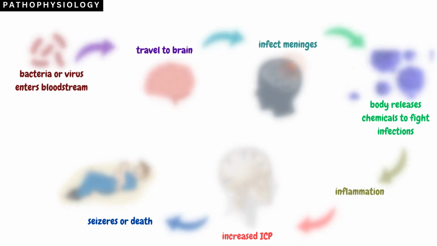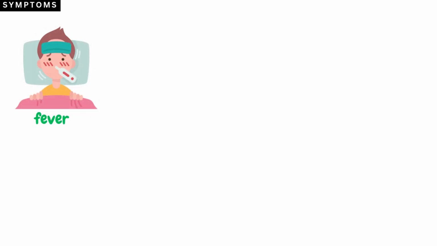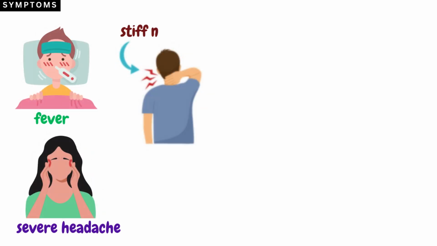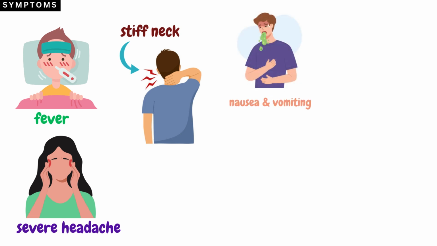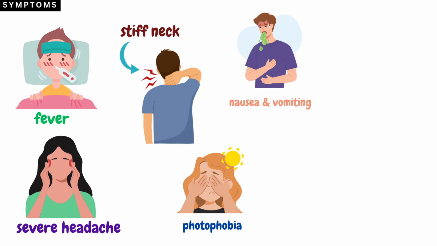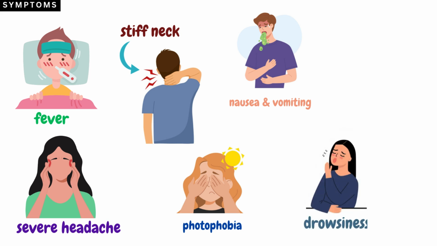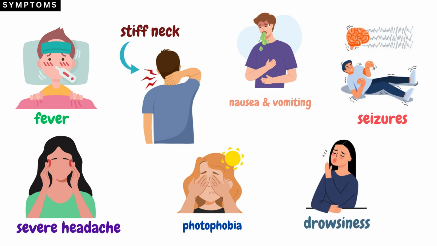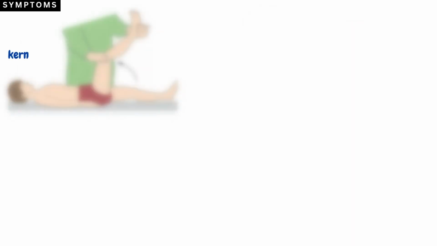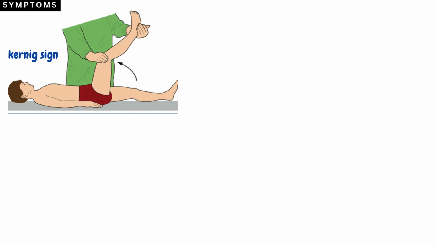Now, let's talk about the symptoms a person with meningitis will have. The most common symptoms include fever, severe headache, stiff neck, nausea and vomiting, sensitivity to light called photophobia, confusion or drowsiness, and seizures. There are also two classic signs that nurses check for. Kernig sign is when the patient is lying flat and you try to raise their leg with the knee bent.